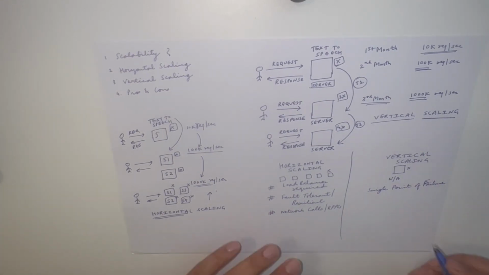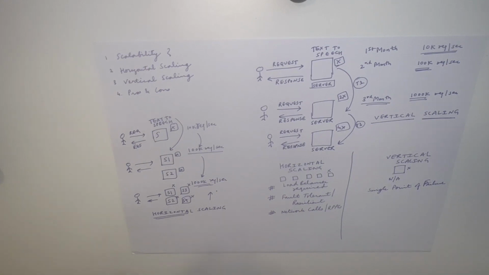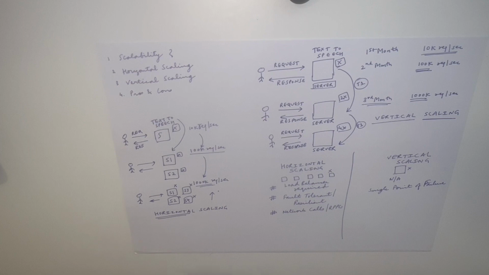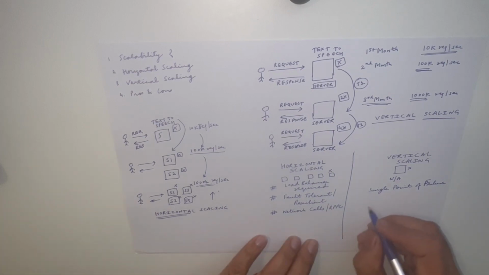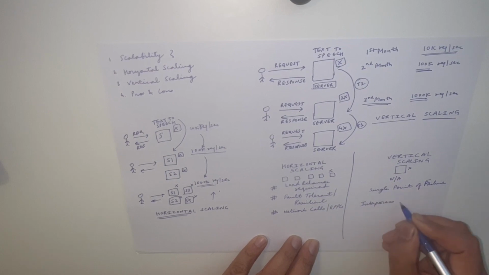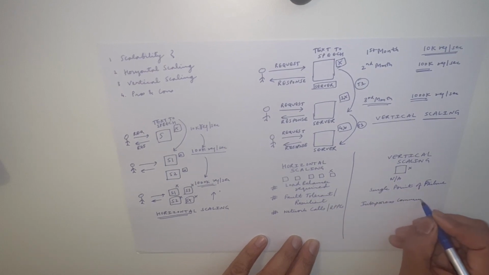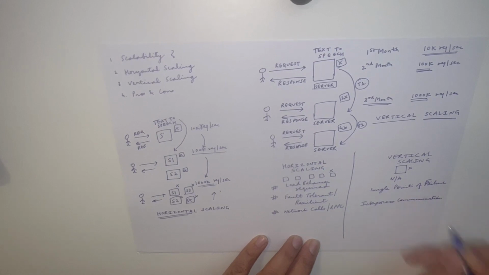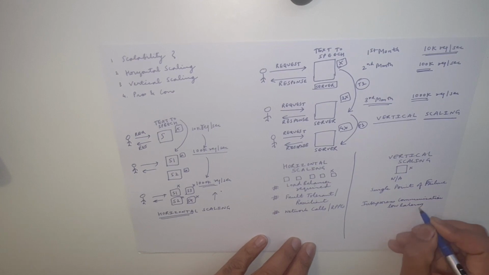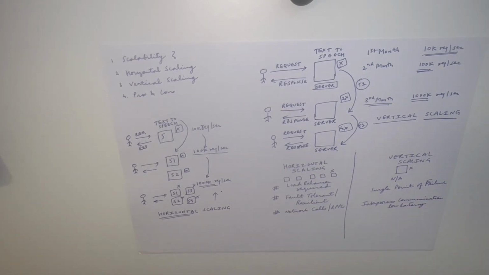In terms of vertical scaling, because all your services are hosted on a single server, there is always going to be inter-process communication, which is going to be fast and low latency with respect to network calls. So here you are going to have inter-process communication, which implies low latency. Because there is no network call, there is no call happening over the HTTP protocol.